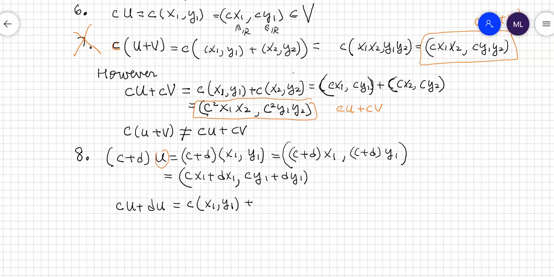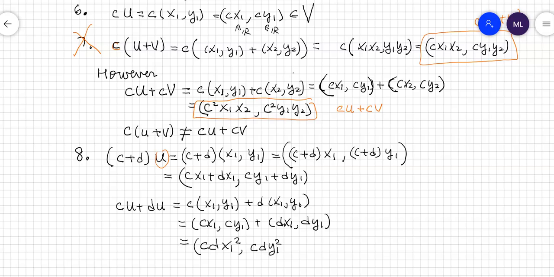So which is (cx1, cy1) plus (dx1, dy1), which is (cd x1 squared, cd y1 squared).